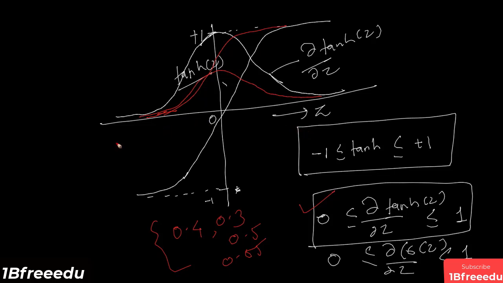The important takeaway is that the derivative of sigmoid is greater than or equal to 0 but strictly less than 1, and for tanh the derivative is greater than or equal to 0 and less than or equal to 1. These are the two important takeaways, and we'll use this knowledge in the next video to understand what the problem is if these are the derivatives.